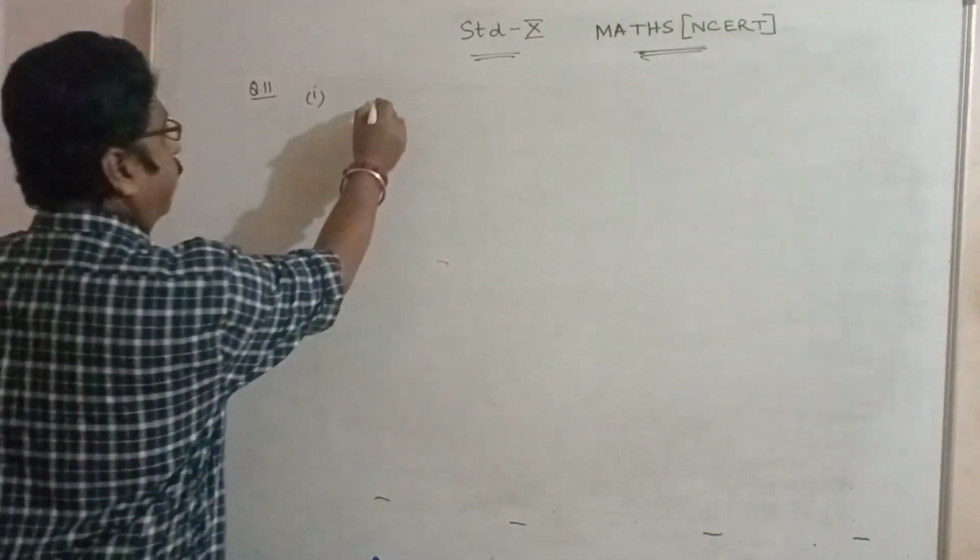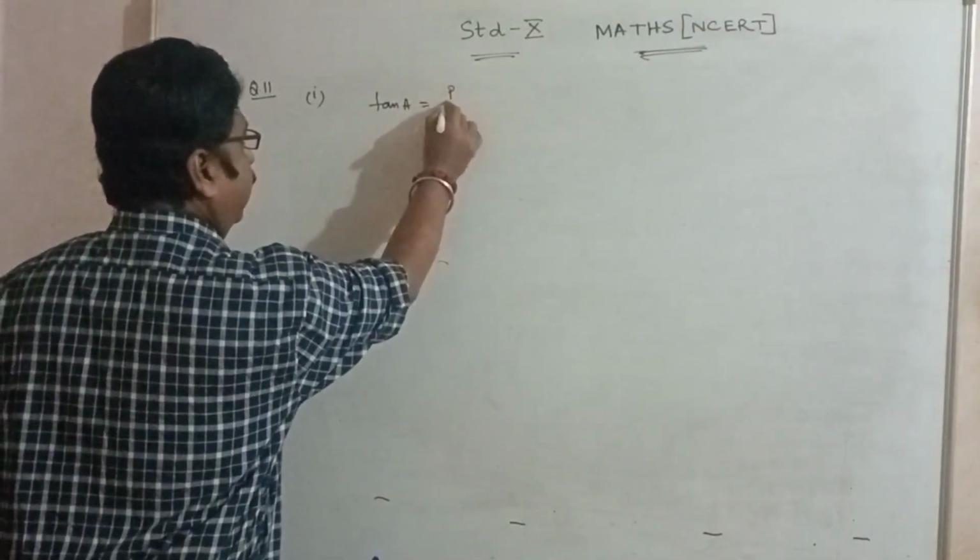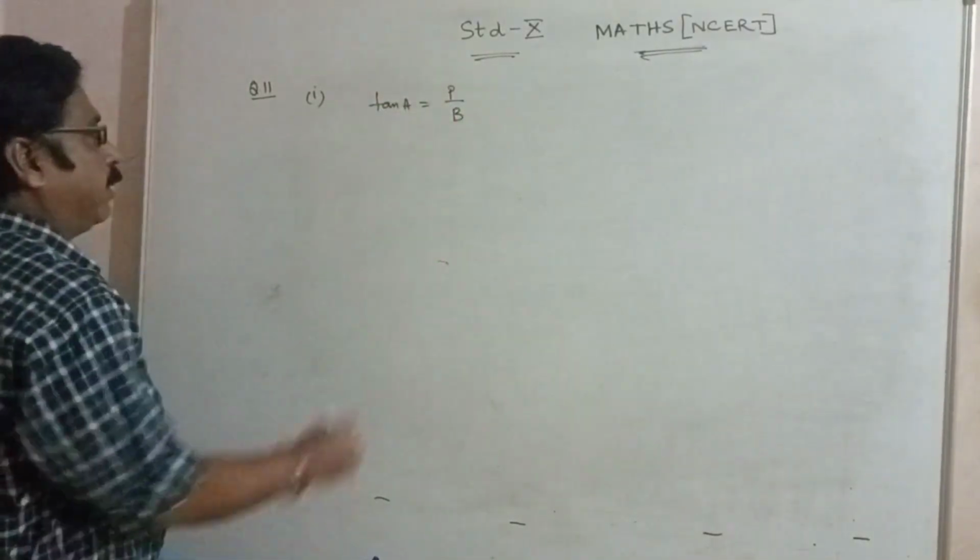What is tan A? Tan A means perpendicular upon base.